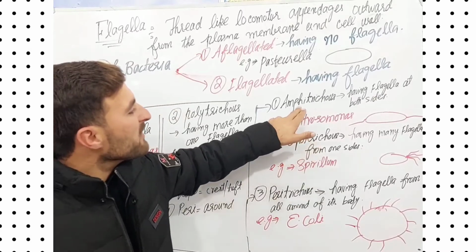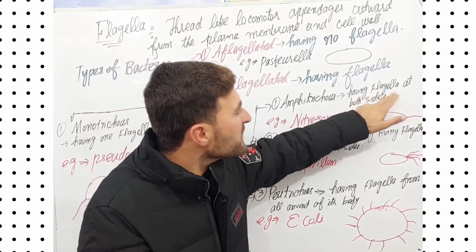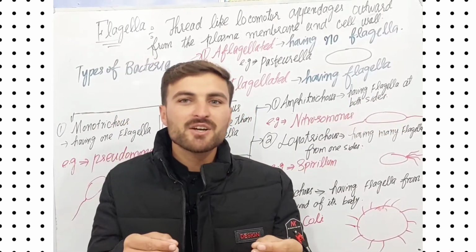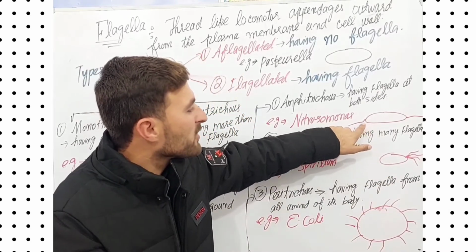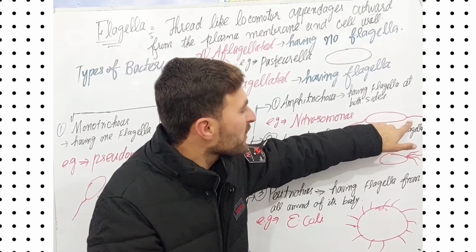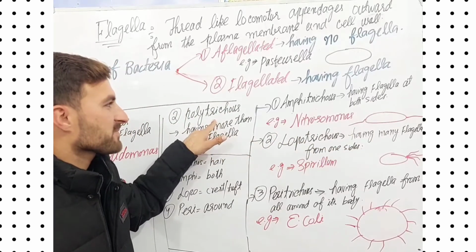The first one is Amphitricus. Let's define this: having flagella at both sides. Those bacteria having flagella at both ends, like this, one flagella is here, one is here. Having more than one flagella, that's why Polytricus.